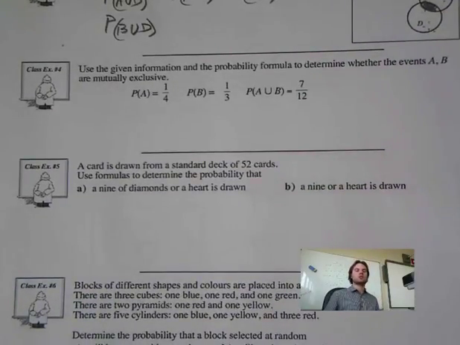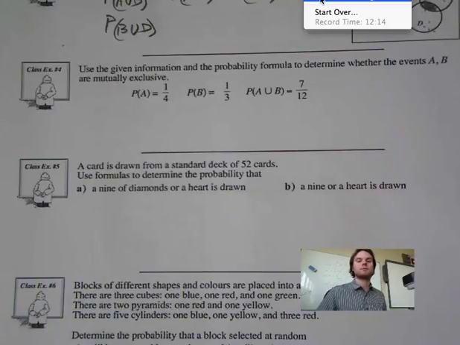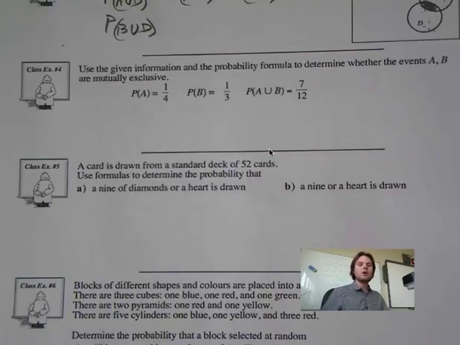Now we're going to look at question number 4. It says, use the given information and the probability formula to determine whether the events A, B are mutually exclusive. Well, the probability formula is given on your formula sheet.